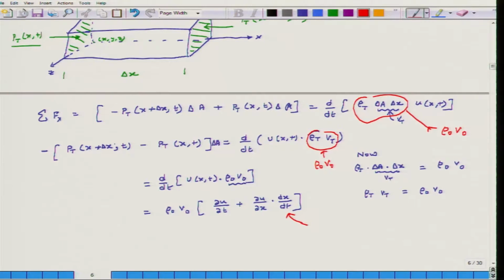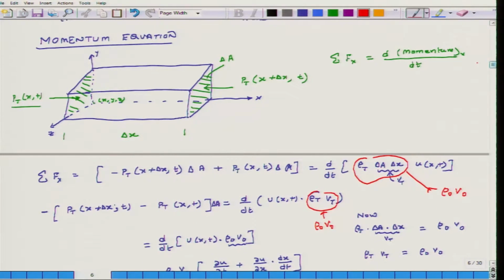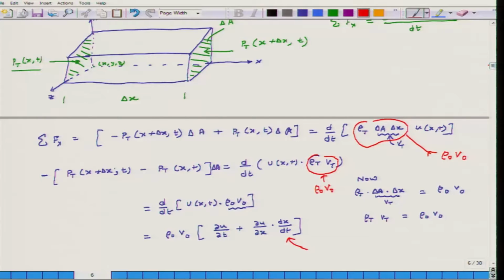X, when we look in this picture, is not just some coordinate, it is the coordinate of this fluid element. The beginning of the fluid element's coordinate is x. So, the change in x represents the change in position of the fluid element, which means dx over dt is velocity.